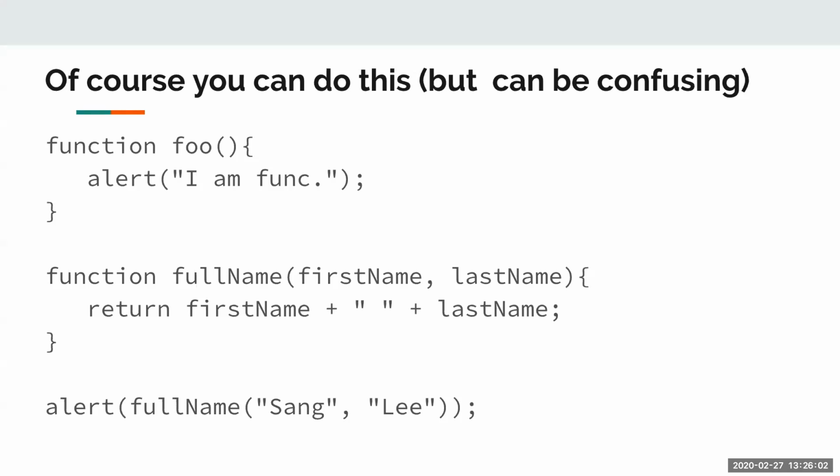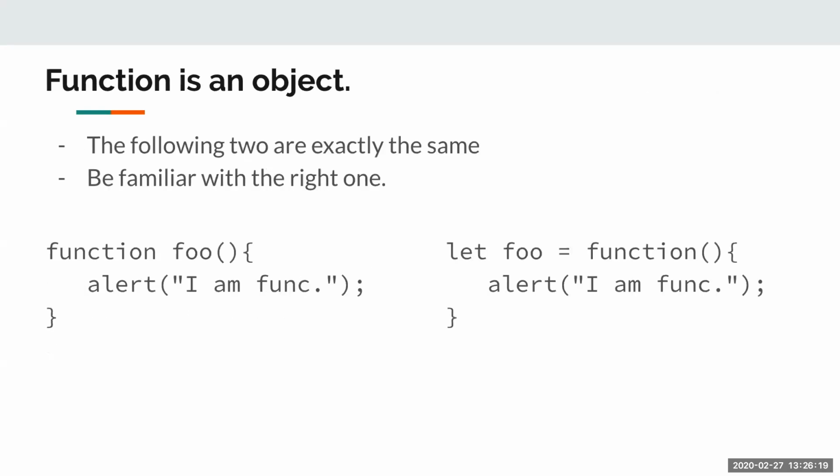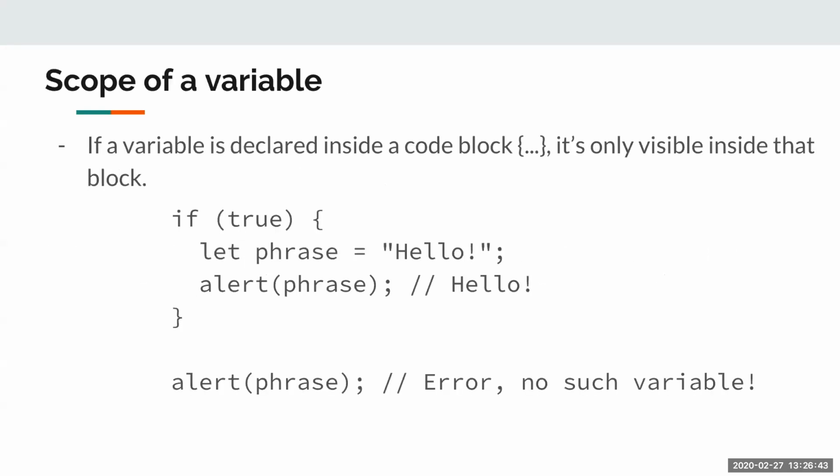JavaScript will of course understand this syntax, but I didn't introduce it because it doesn't give you an idea of the fact that the function is an object in JavaScript. So these two are exactly the same thing. When you run this code, it's gonna interpret as if there's a let in front of it. I would recommend you to be familiar with this concept, because now function is basically like a value or object.